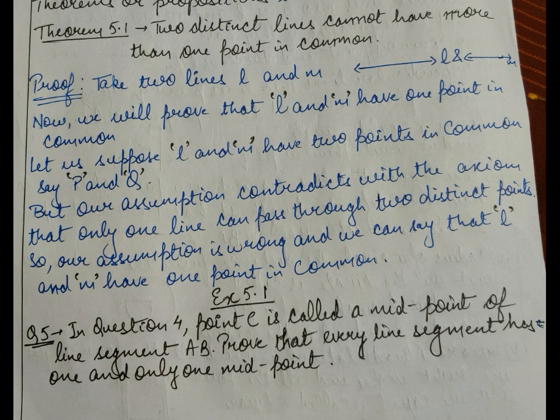So our assumption is wrong and we can say that L and M have 1 point in common. Now on the basis of this theorem we will be solving some questions. So in exercise 5.1, question number 5 is: in question number 4, point C is called a midpoint of line segment AB. Prove that every line segment has one and only one midpoint.